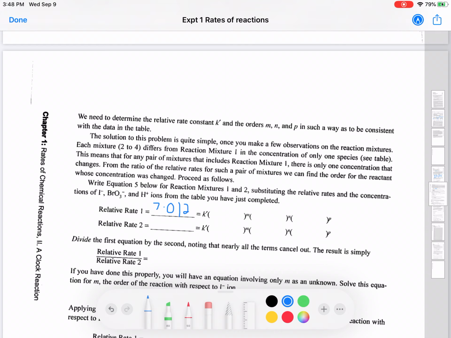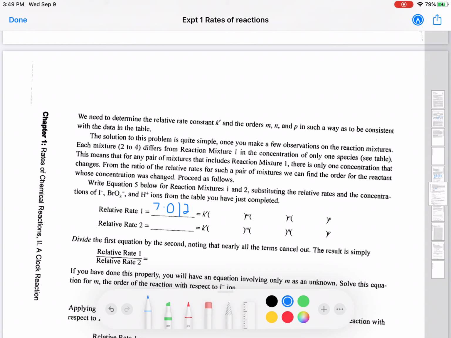That's the relative rate, the number we got, 1000 divided by 141. And then the k prime is the rate constant. And then the concentrations, iodide, bromate, H plus. Those are the orders for m, n and p.